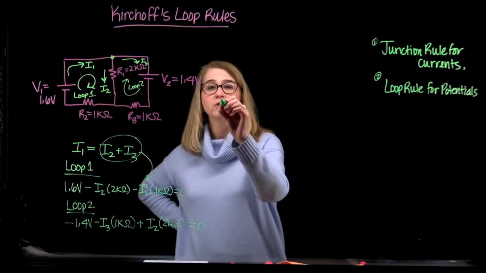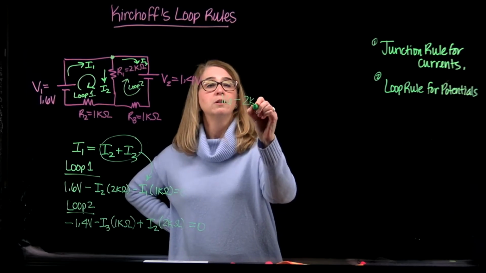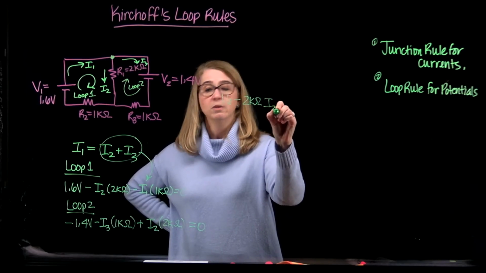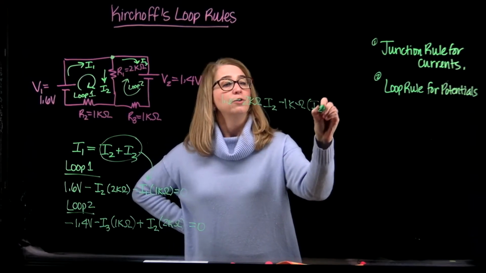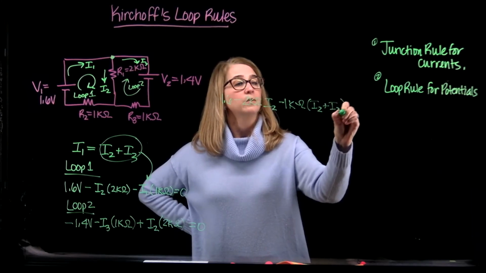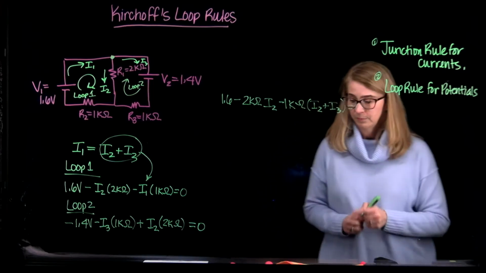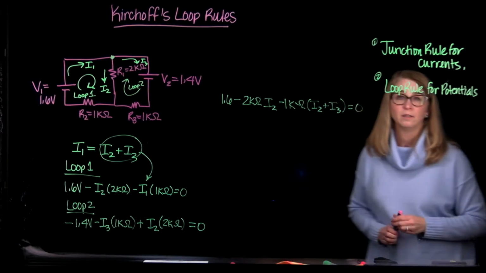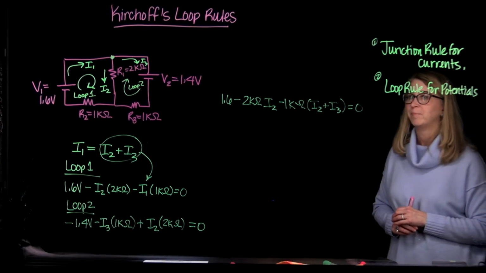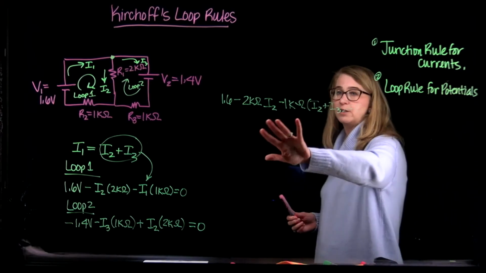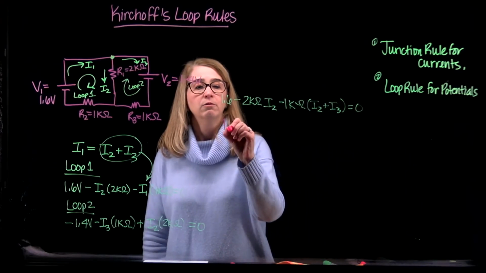So loop 1 is going to change into 1.6 minus 2 kiloohms I2 minus 1 kiloohm times I2 plus I3 equals 0. I want to make sure that I collect all my terms well, so I'm going to rewrite this.